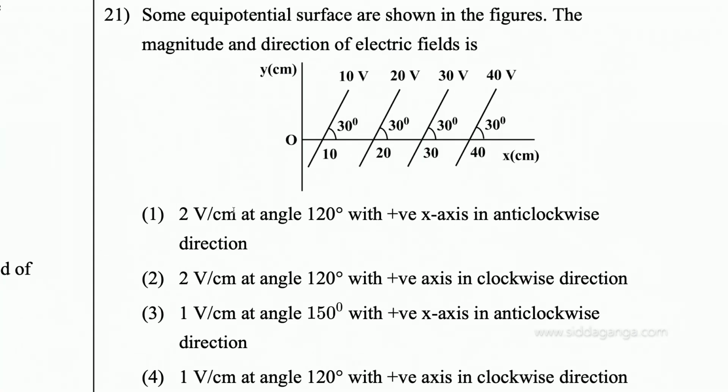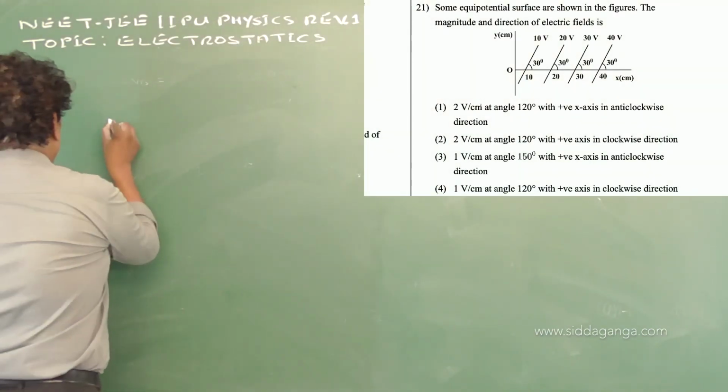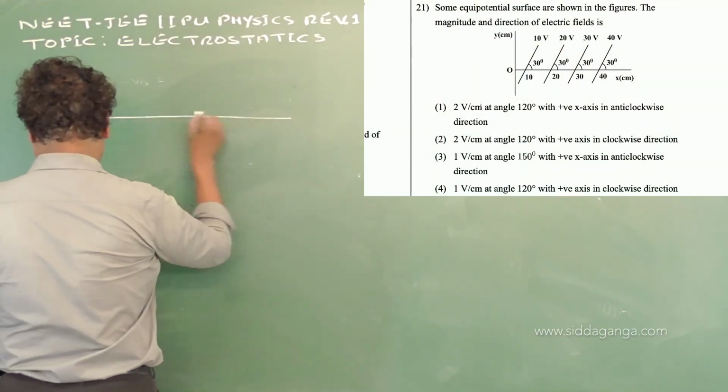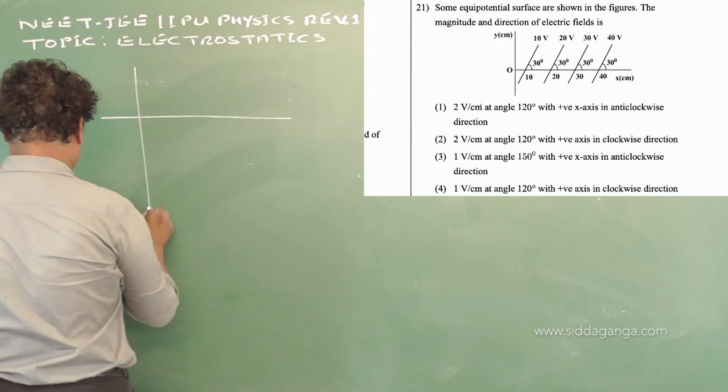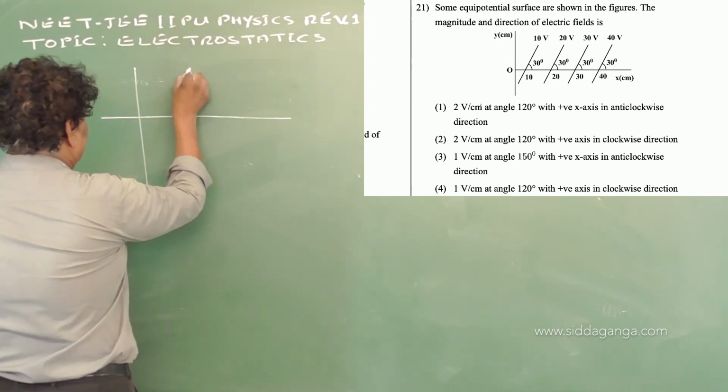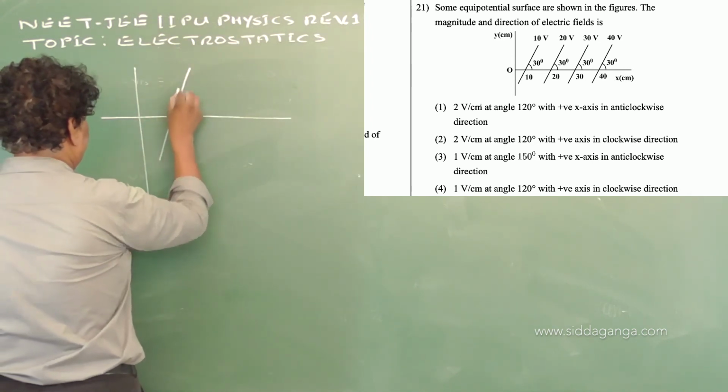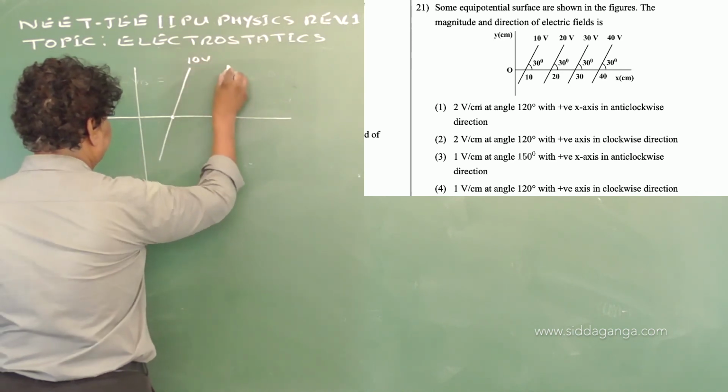Right. Now some equipotential surfaces are shown in the figure. The magnitude and direction of electric field is... Now here, question number 21. In this figure we have this point at 10 volt.